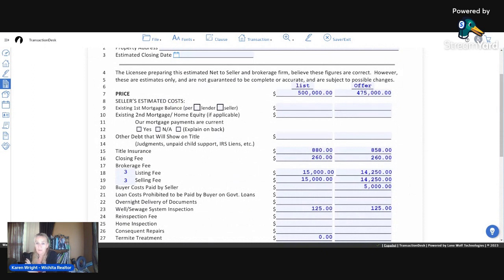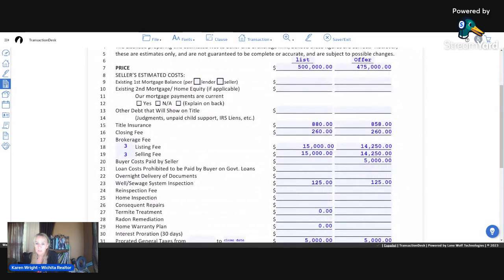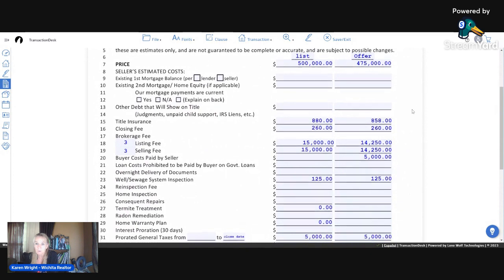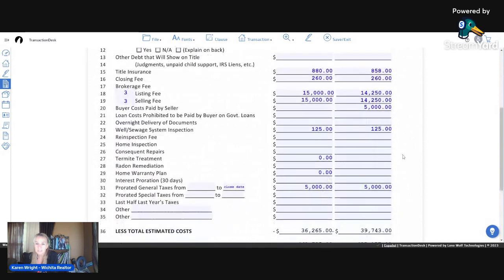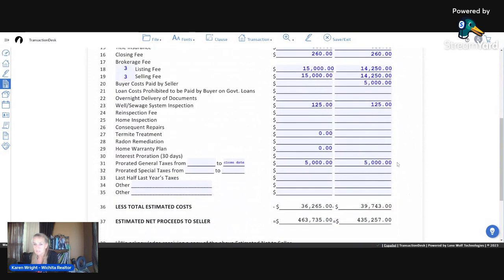It does fall on the buyer; the buyer gets to choose what title company they use. And then the $260 just stays the same regardless of what this number is. And then the commissions go down. If we're looking at the 3% for the listing brokerage, 3%, that goes down since this offer is lower than the list price. The well inspection still stays the same, and if we're closing the same date, that would still stay the same.